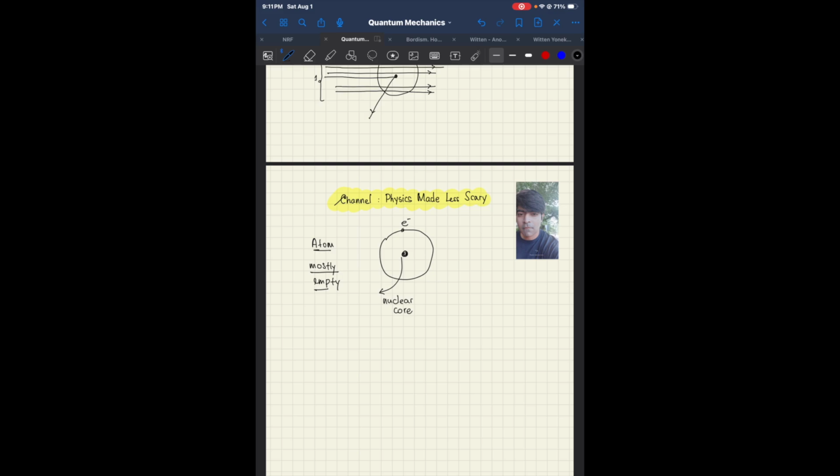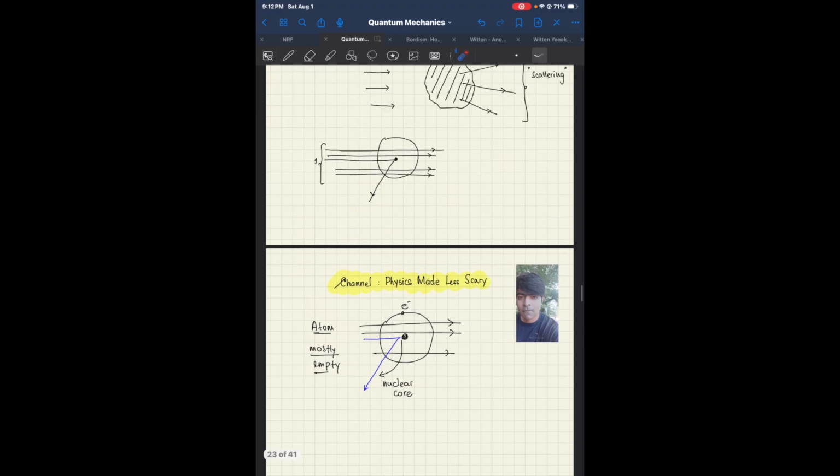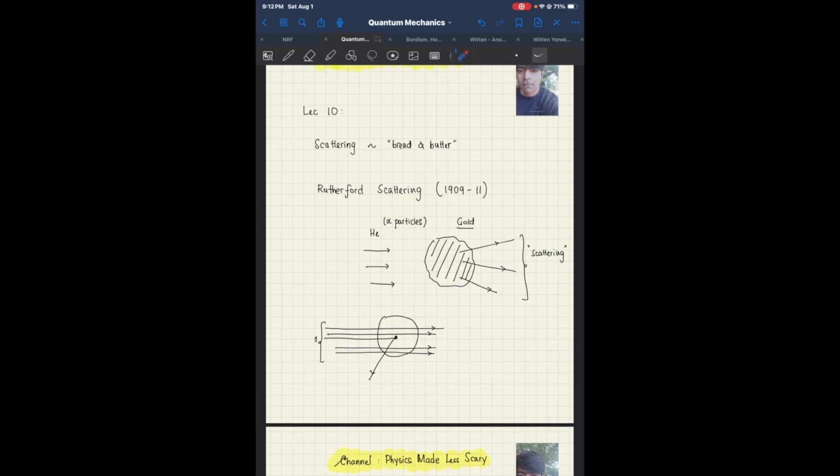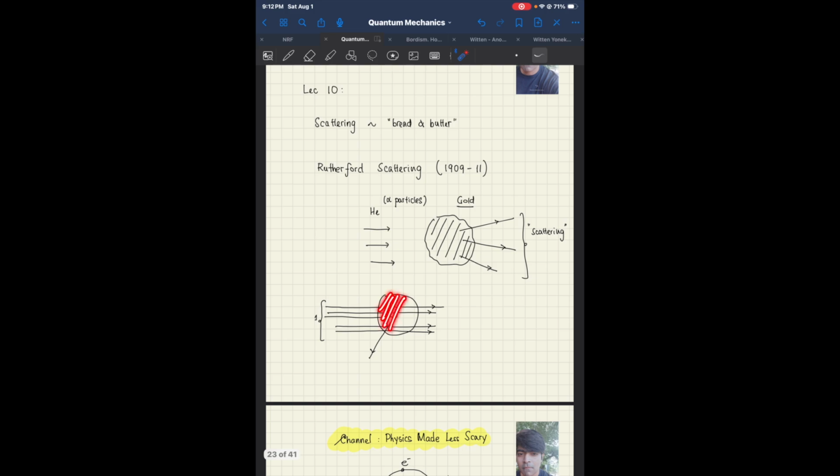That's exactly what his scattering experiment told you, because most of them went straight through, except a very few scattered by a large angle. So this was how the experiment worked. It taught you that atoms are mostly empty. This is at the very heart of scattering experiments. It tells you the structure of this object that I marked here.